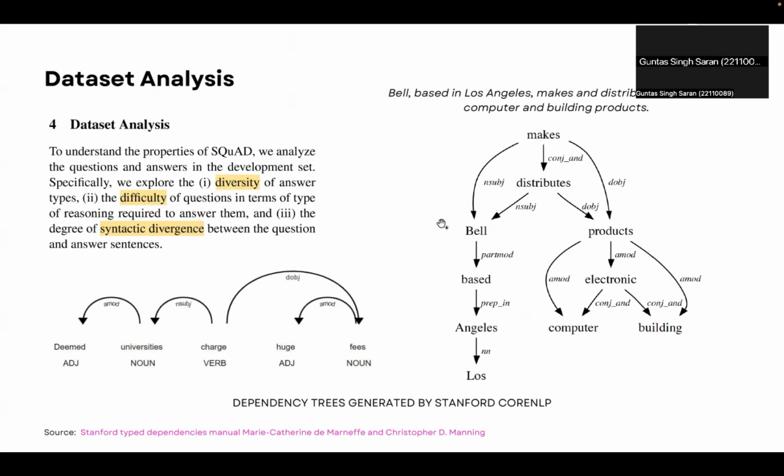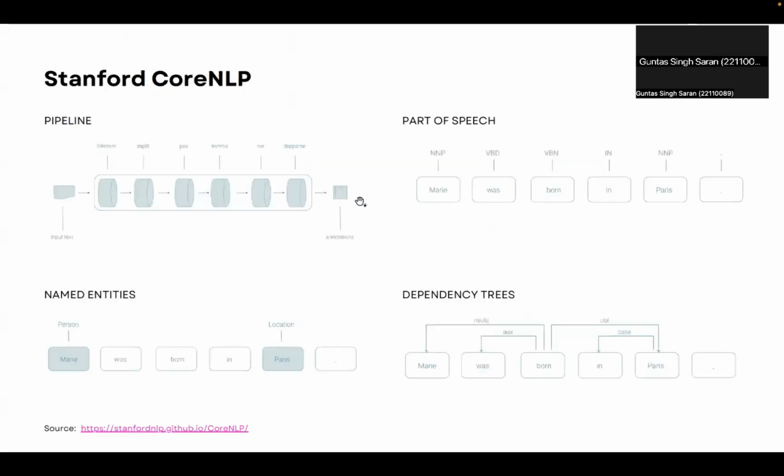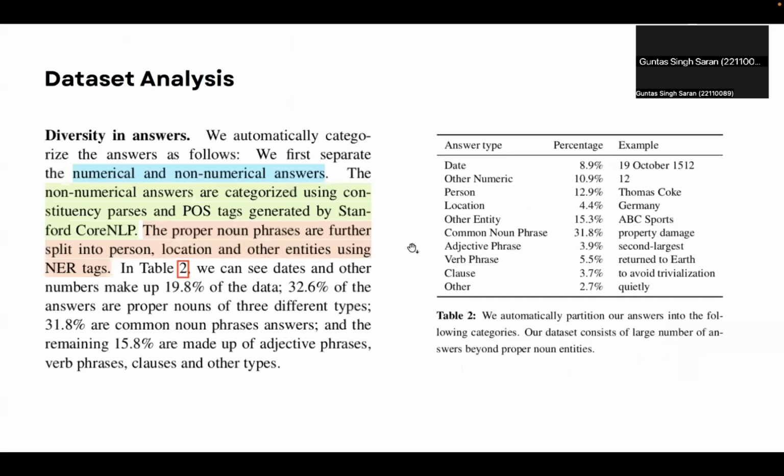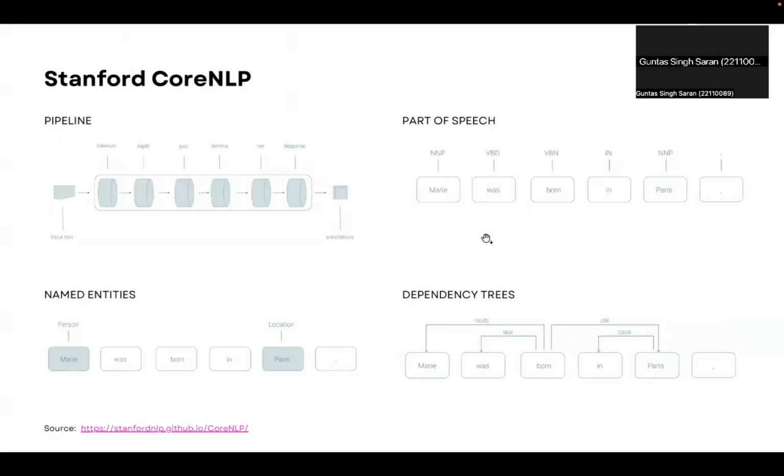So this is a dependency tree. For each sentence, one can construct a dependency tree, and for that they use the Stanford CoreNLP library. Then, in order to know the diversity in answers, they used POS labeling, like what part of speech each word in the sentence is referring to.